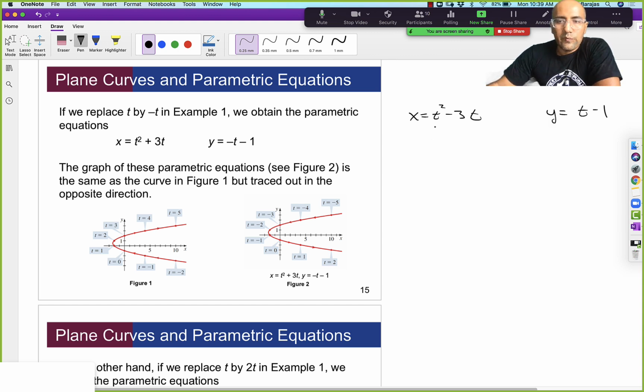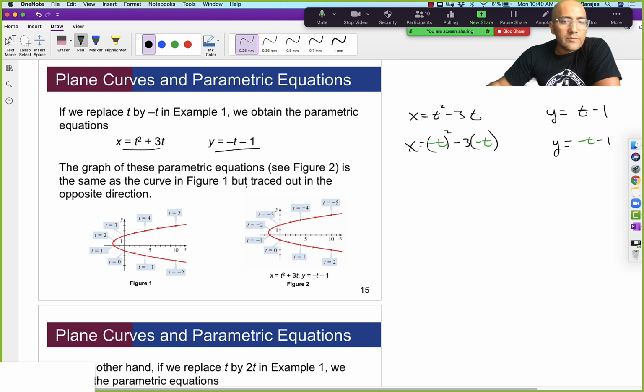So if we replace each t by a negative t, we get x equals -t squared, well that's just going to be t squared, minus 3 times -t, that's going to turn it into plus 3t. And then over here we end up with y equals -t minus 1.